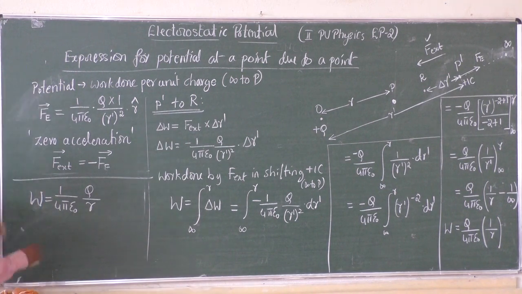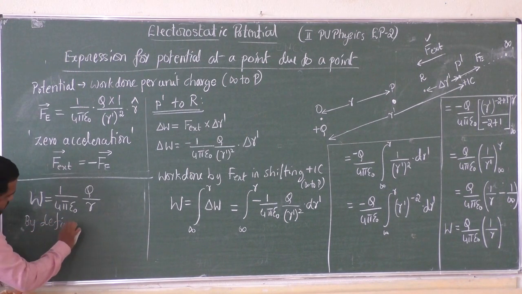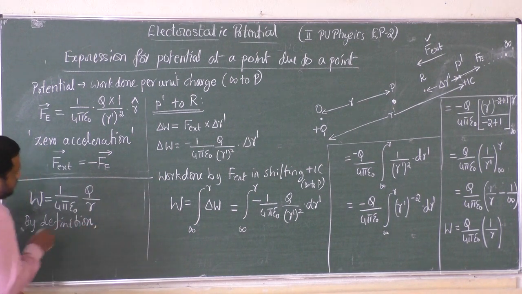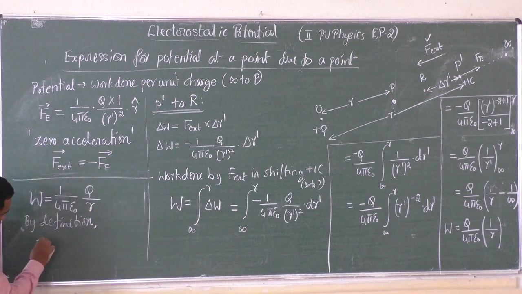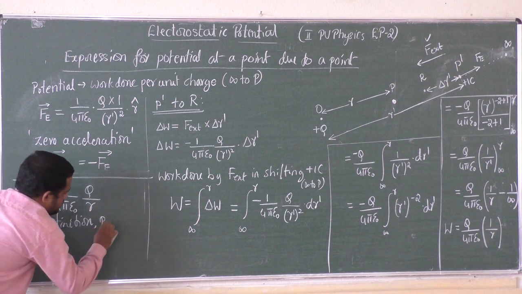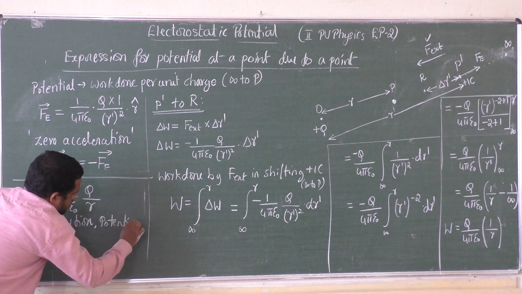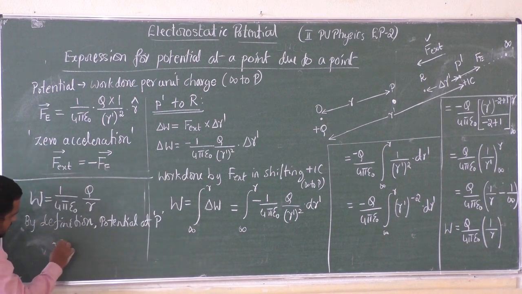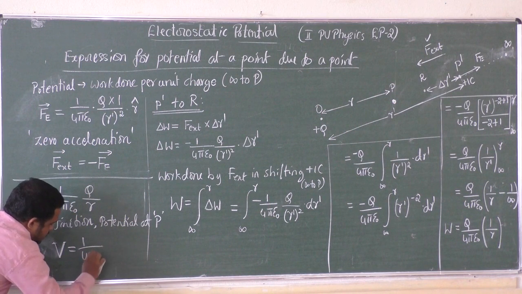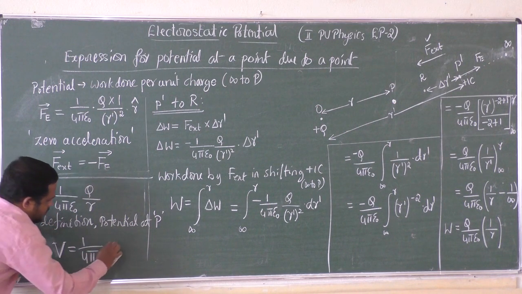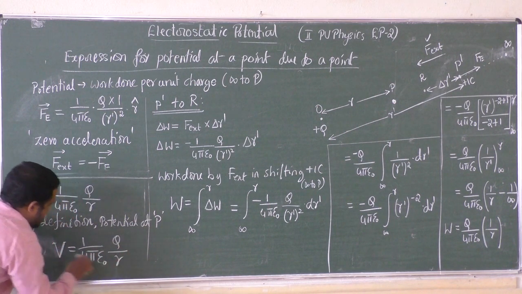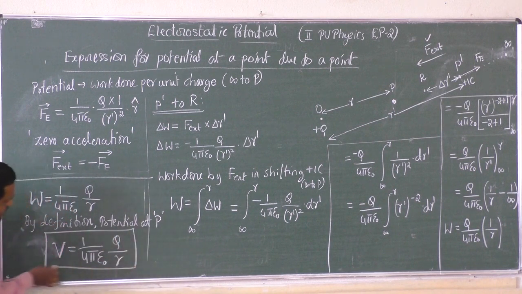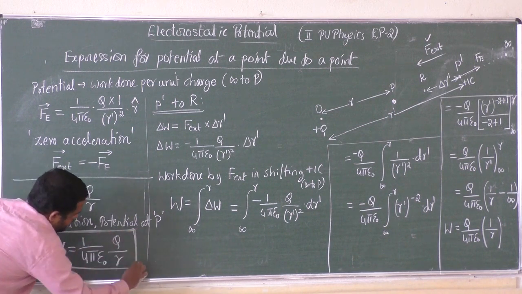So by definition, the electric potential at point P, V, is equal to 1 by 4 pi epsilon naught q divided by r. This is the final expression.